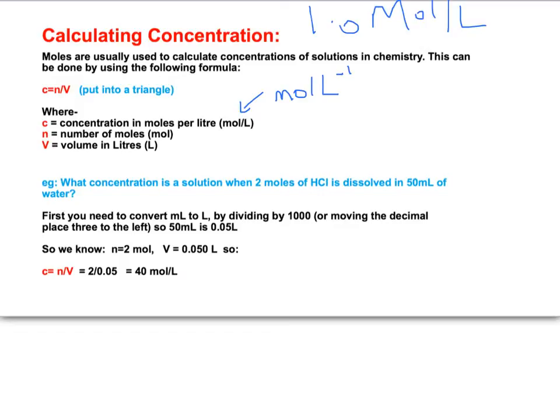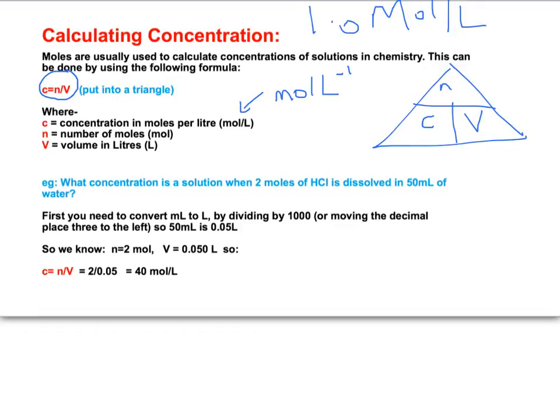So the formula for calculating moles per litre is this one here. A memory jog for it would be "cats equal knocked over vases". And we can put that into a triangle, with cats equals knocked over vases.